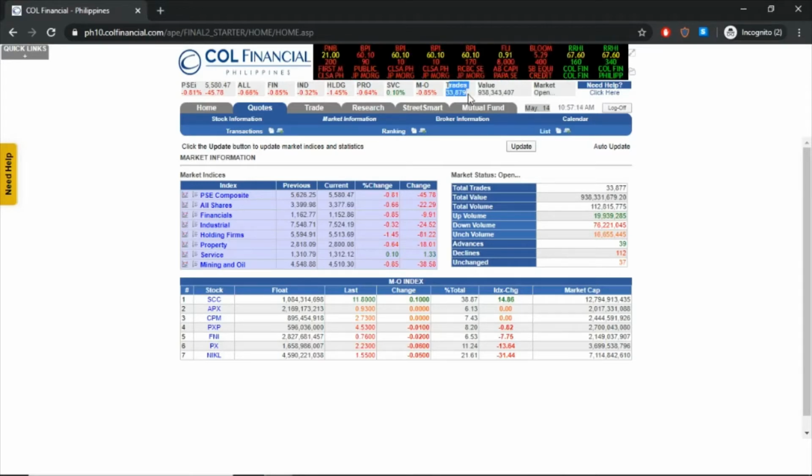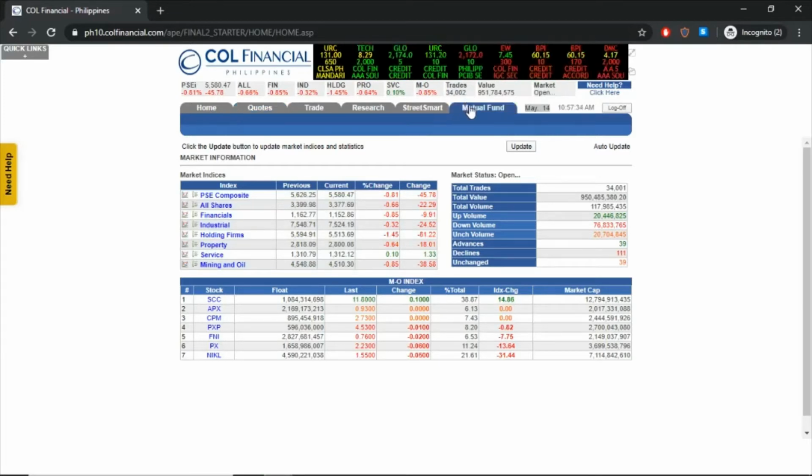33,879 trades, or the exchange of buy and sell, or bid and ask, that transpired or happened during today. Okay, so far we only have 33,879 trades or changes in exchange or buy and sell transactions that have happened so far for today.